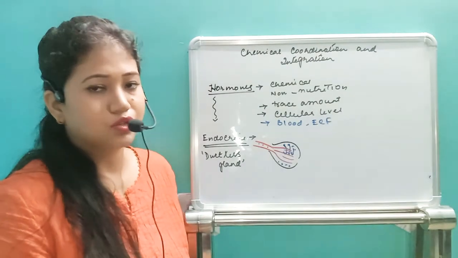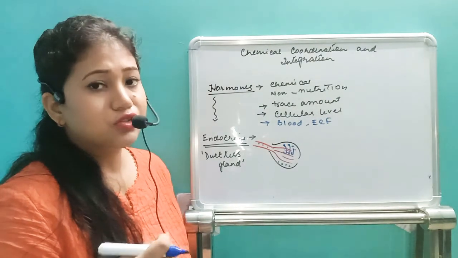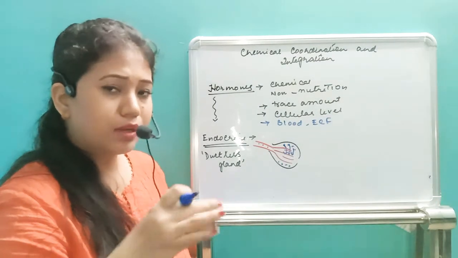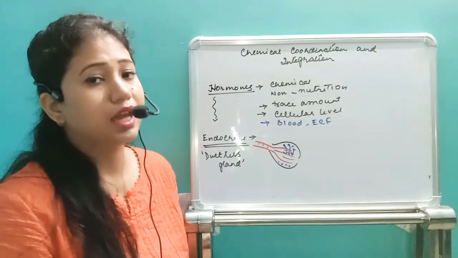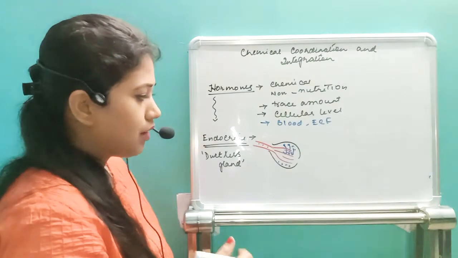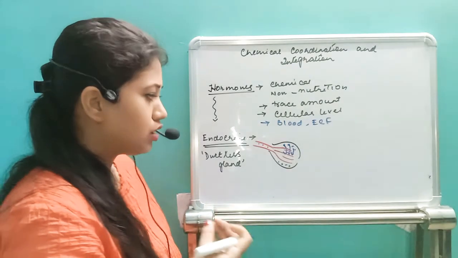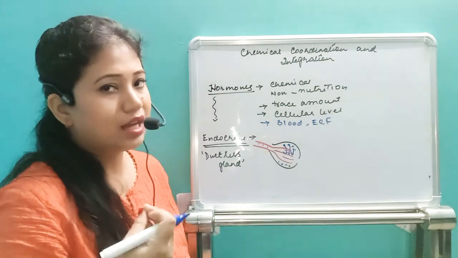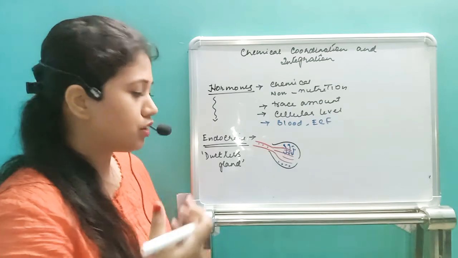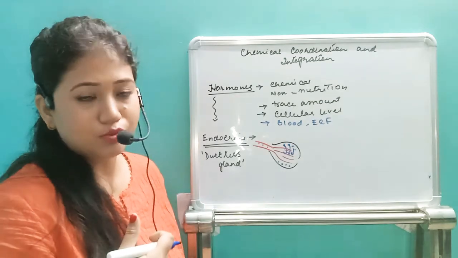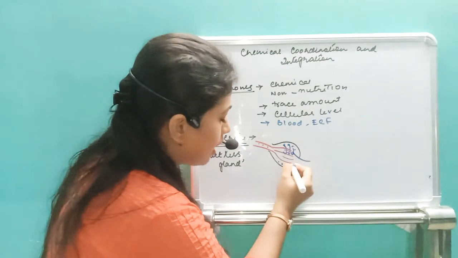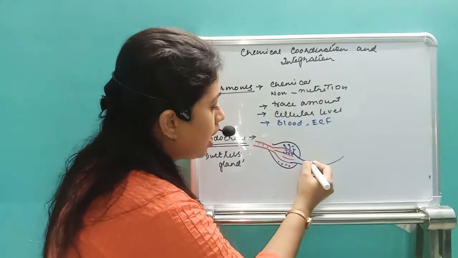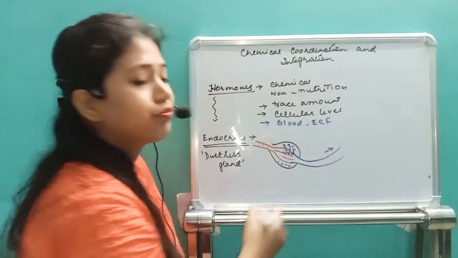If blood is present, that's good. If the blood is not there for a small period, then the ECF, extracellular fluid, will carry that hormone. Then the blood, after giving the nutrients and gases, will take back the carbon dioxide and waste products produced by the cells, and it will go away from the gland.